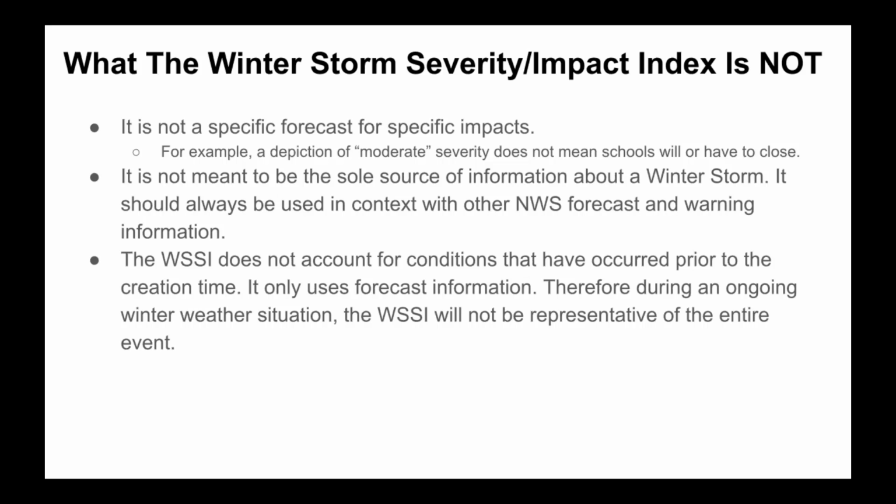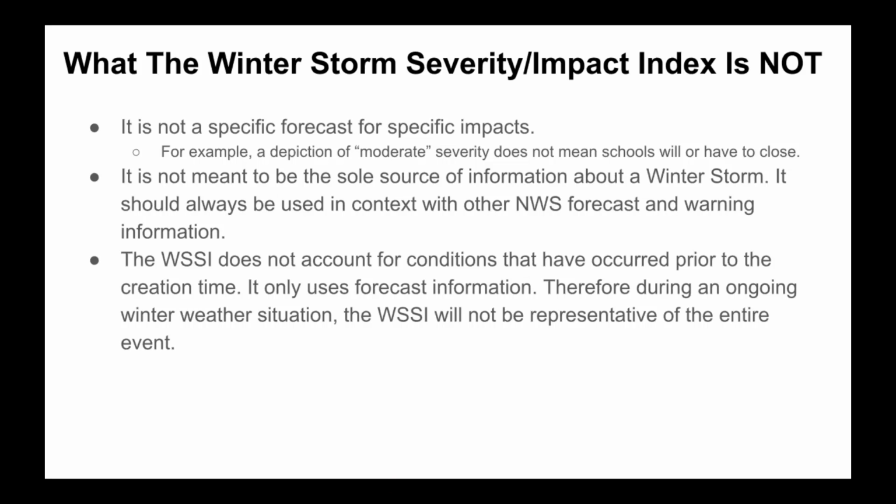I want to linger here for just a second. When you're using the WSSI, remember it's always forward-looking. A good example of this was the ice storm that just hit Norman a couple weeks ago. That event kept looking like there was a major or moderate ice event ongoing, because the ice accumulation forecast kept changing throughout.